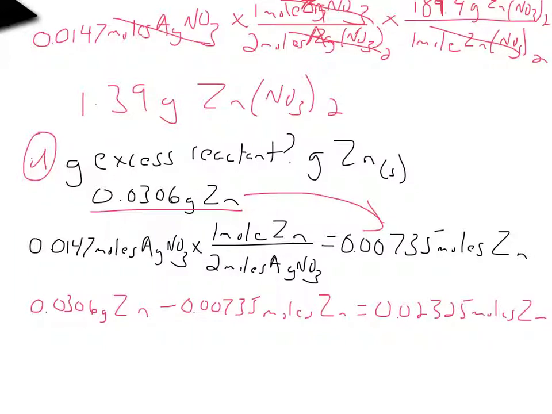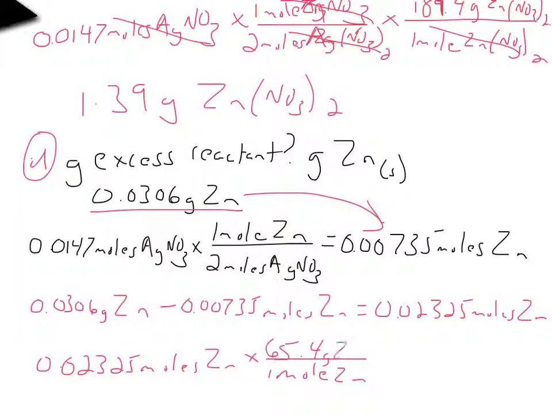Then to figure out how many grams, we just convert those moles to grams. So we have 0.02325 moles of zinc times, in 1 mole of zinc, we have 65.4 grams of zinc. Moles are going to cancel, and we're left with 1.52 grams of zinc.